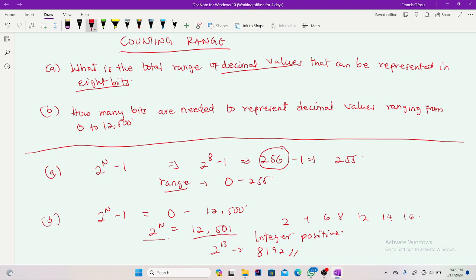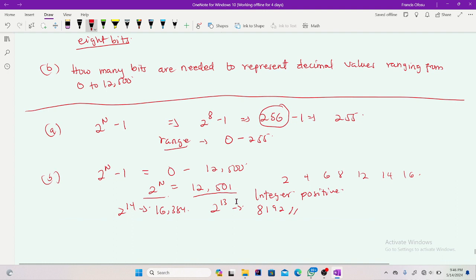Then you can try 2 to the power 14. So 2 to the power 14 gives us 16,384, which is greater than our 12,500. So therefore, instead of choosing a number which is less than the range, we choose a number which can cover it.